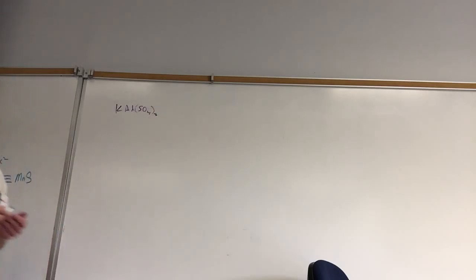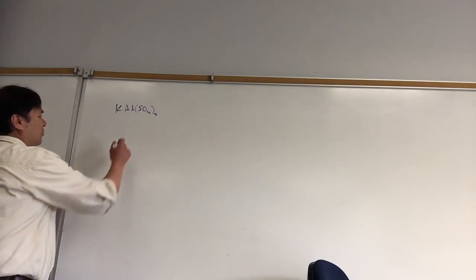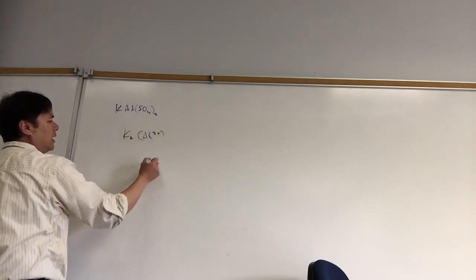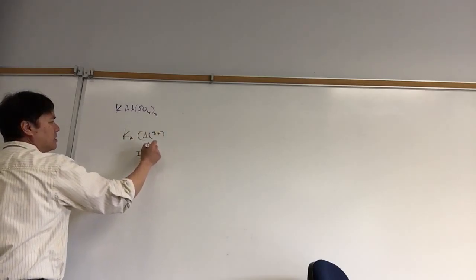But if we look at potassium aluminum sulfate, then what we're going to do is this. We're going to do, let's say, the Ka for aluminum first. This is a pretty big Ka. And so we set up the ICE table.